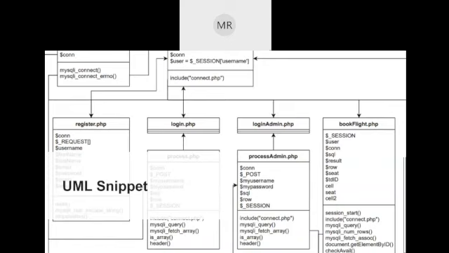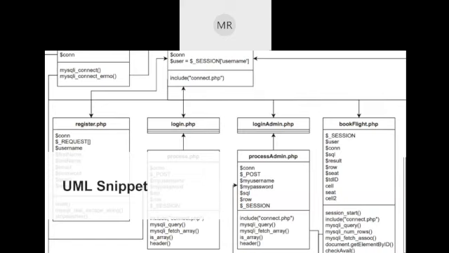With the help of that, we have created register, login, and login admin. So process.php will have login.php, which we already saw in the earlier slides, and process admin.php will have login admin.php. And we have created book flight.php, parking.php, and profile.php, which are all required in project 4.